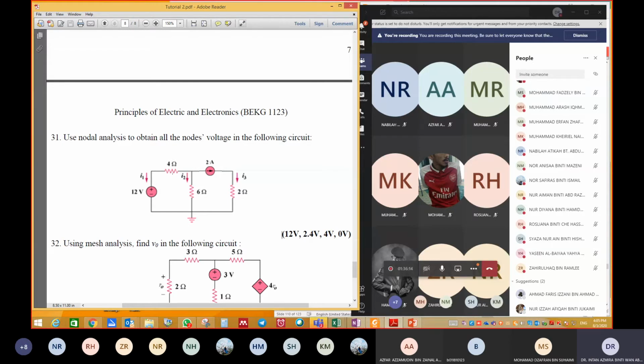Now, how if the voltage source is located the opposite way, meaning positive and negative, but positive at the lower side, negative here. So the equation here will be, instead of V1 minus 12 divided by 4, V1 plus 12 divided by 4.